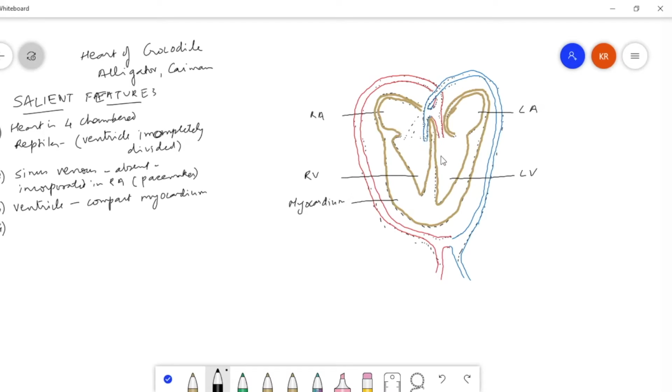Now you can see that from the left ventricle is arising this red colored tube which is arising over here.